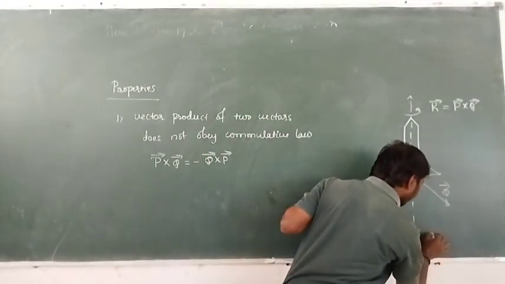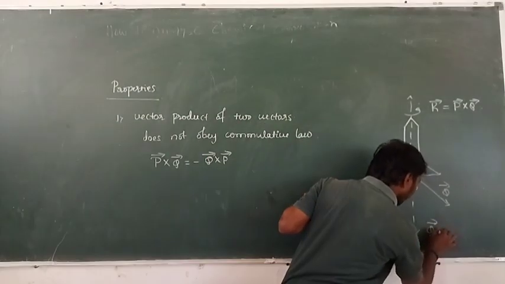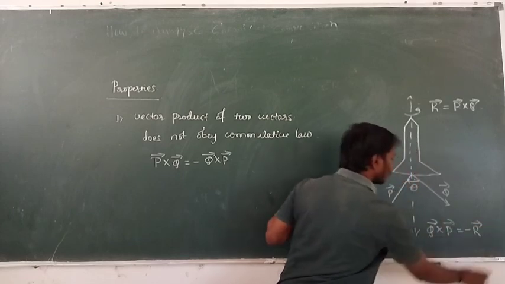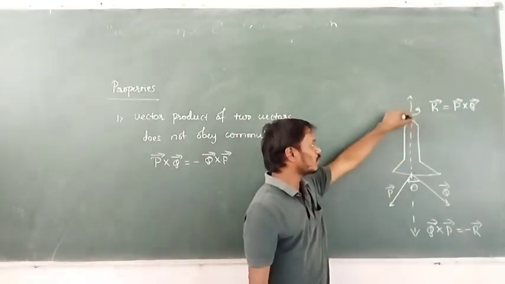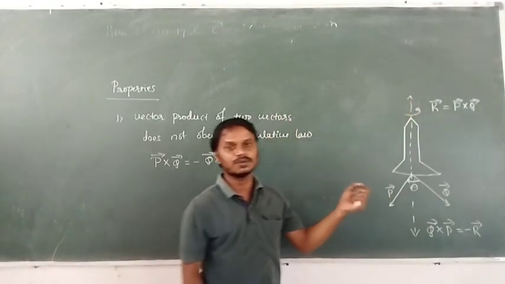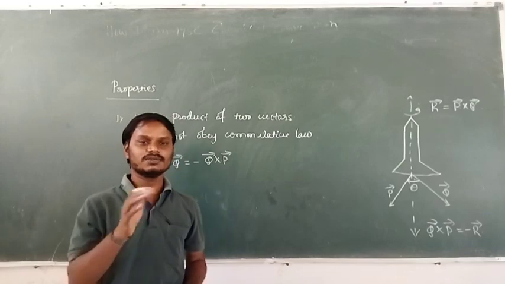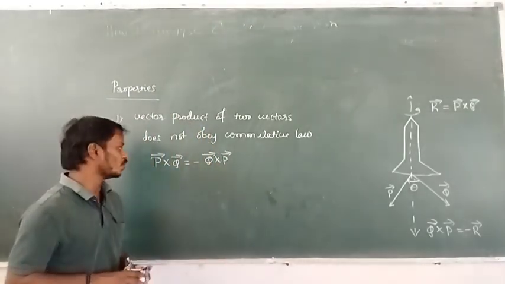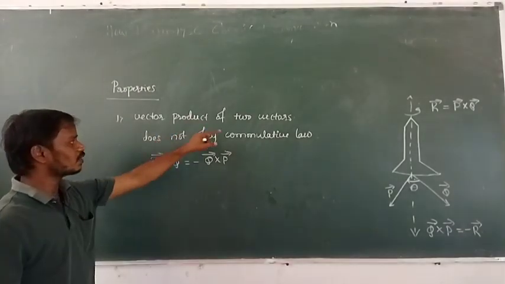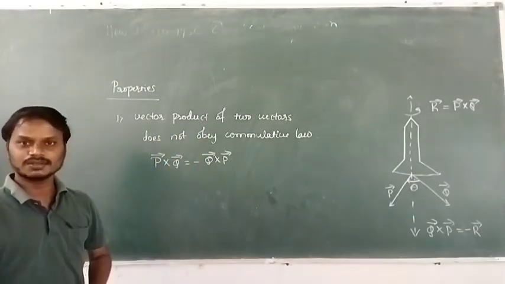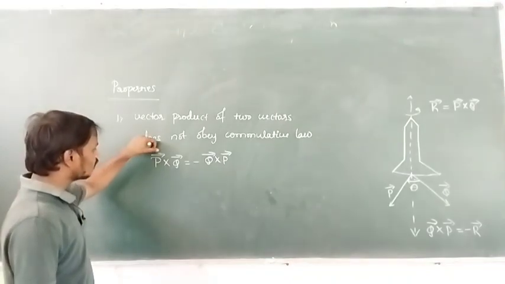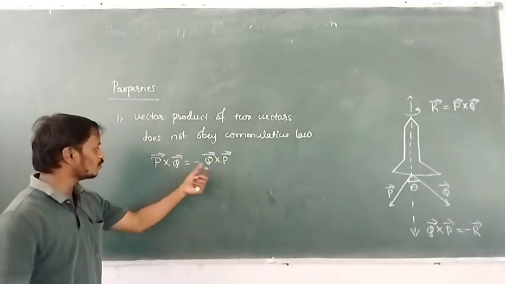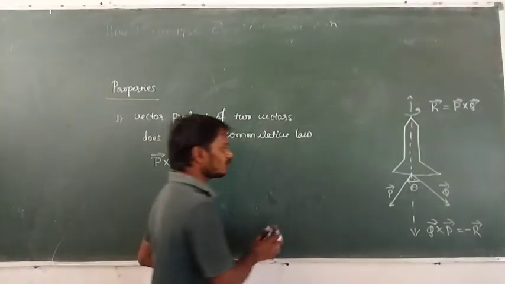That is why I will take here Q cross P equal to minus of R. Why is there a minus R? Because here the tip of the screw will be moving in the downward direction. Downward direction can be represented by negative and upward direction can be represented by positive. Hence, the vector product of two vectors does not obey the commutative law. What it means? P cross Q is equal to minus of Q cross P. Hence, it does not obey the commutative law.